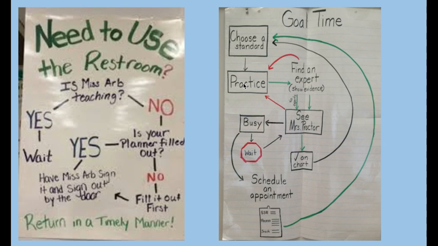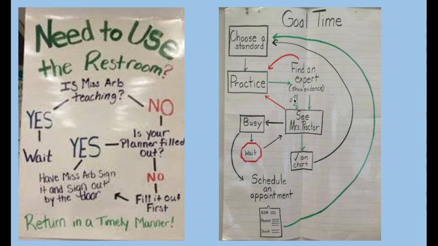Then from the practice, they can go to what the teacher calls an expert. Not her necessarily, right? It's a classroom peer who has already mastered that standard. So they have to show evidence to that expert that they understand it, that they have mastered it. If the expert says not quite, then the red line shows they have to go back and practice, right?